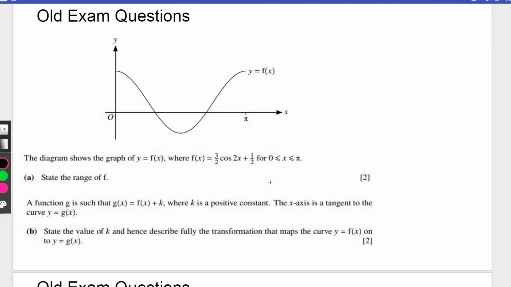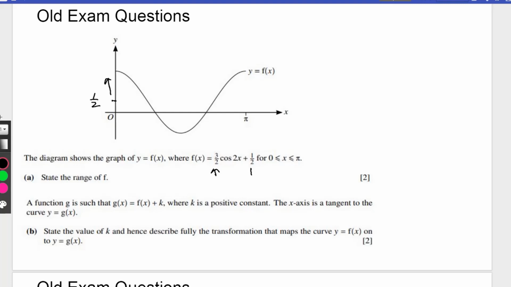Okay, so we might as well go ahead and do this. Keep in mind, this is the midline. So the midline is going to be 1/2. This is the amplitude. That means from here to here is going to be 1.5.